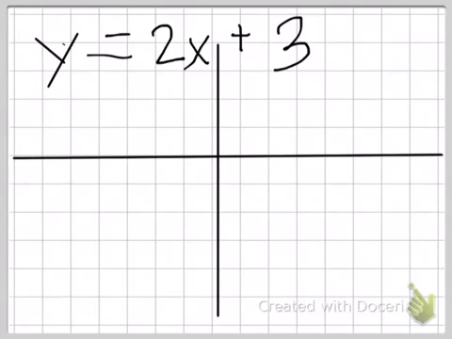So the first thing you want to do is look at the y-intercept. That's this right here. This is the y-intercept. So we're going to look at that first. That tells us where we start this line at. So we're going to go up 3.